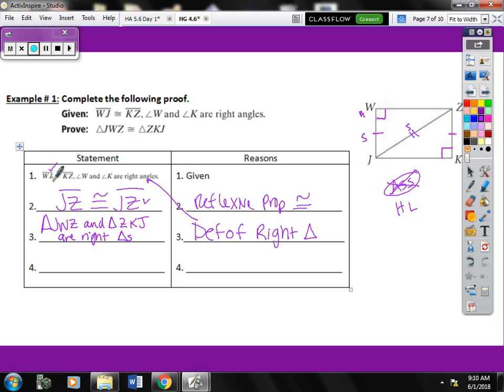We have congruent legs, congruent hypotenuses, and right triangles. So now we can say that the triangles are congruent by HL. Okay, which again stands for hypotenuse leg. And if you want to put theorem, you can, but you're not required to on these for some reason.